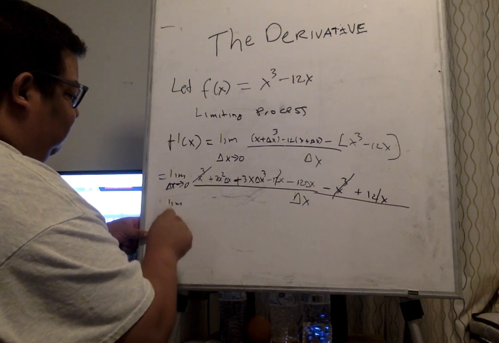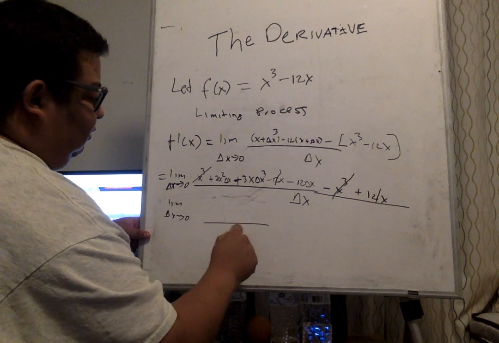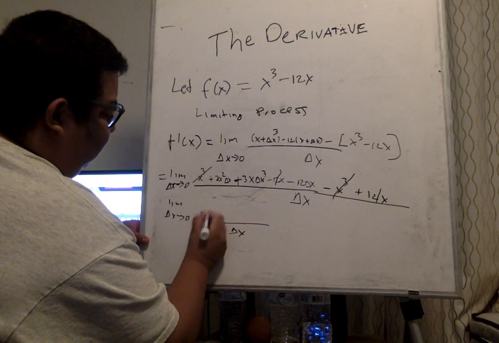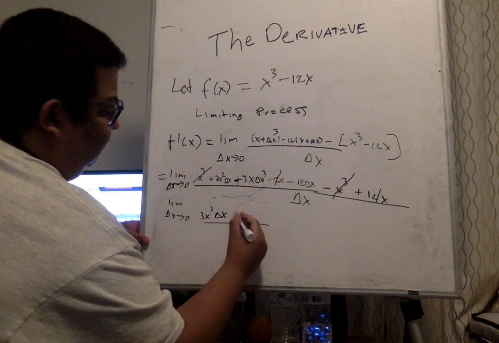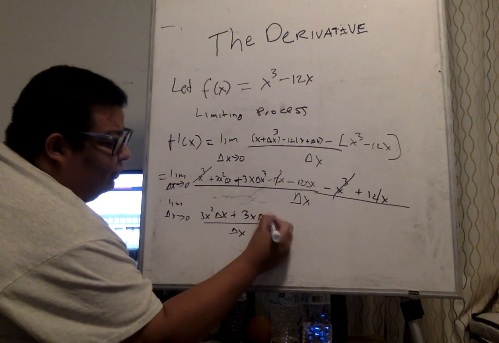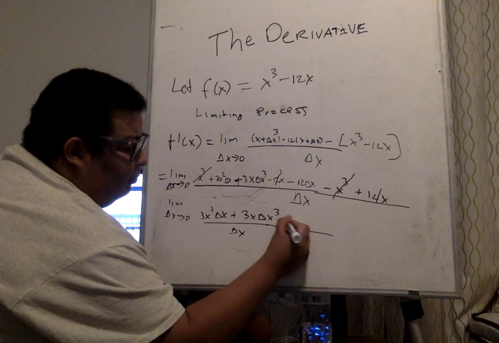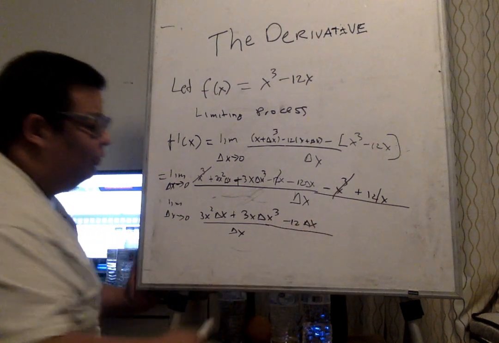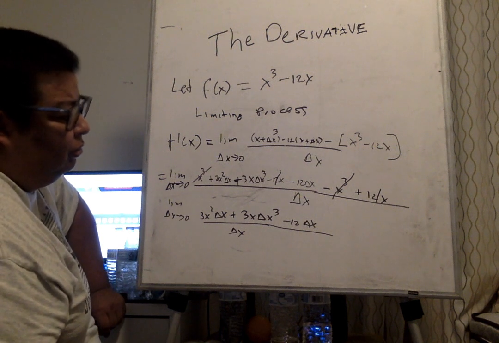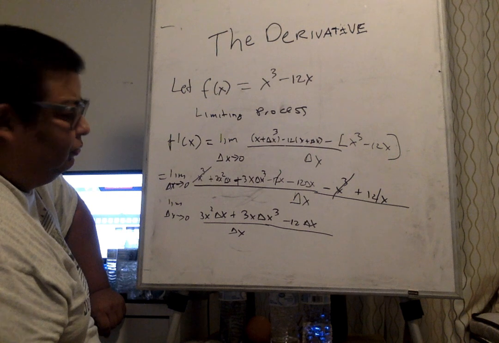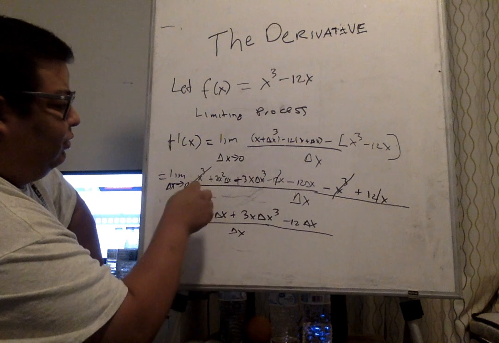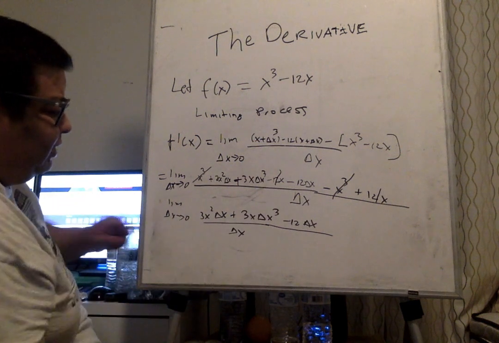Limit as delta x approaches 0 of 3x squared delta x plus 3x delta x squared plus delta x cubed minus 12 delta x, all over delta x. Okay, next step, we can divide by delta x.